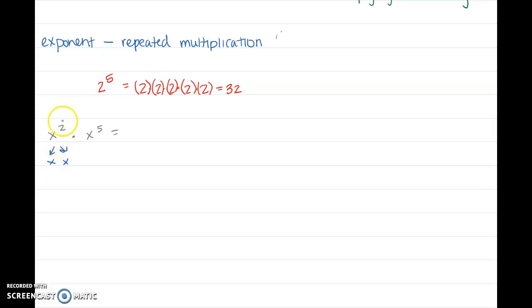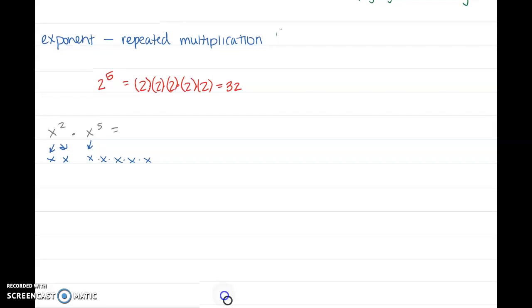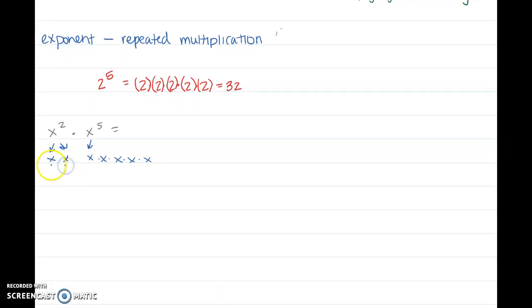This is x squared, which is x times x, and then x to the 5th is x times x times x times x times x. You want to be able to write this as one exponent. So you have two x's, 1, 2, and then 5 more x's, 3, 4, 5, 6, 7. So that makes x to the 7th power.